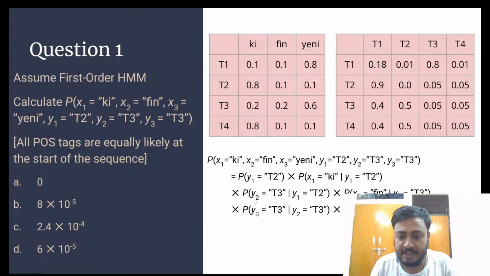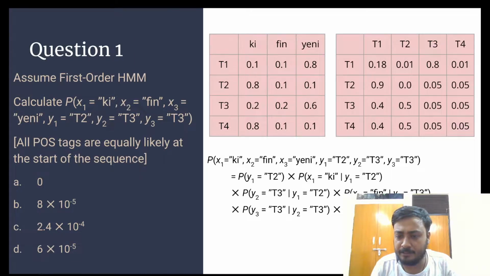Then we multiply it with the transition from y1 being t2 to y2 being t3, and then also multiply it with the probability that x2 we are emitting fin from y2, which is t3. And finally, the last part of the sequence is y3 equal to t3 given y2 equal to t3, and x3 is yeni.